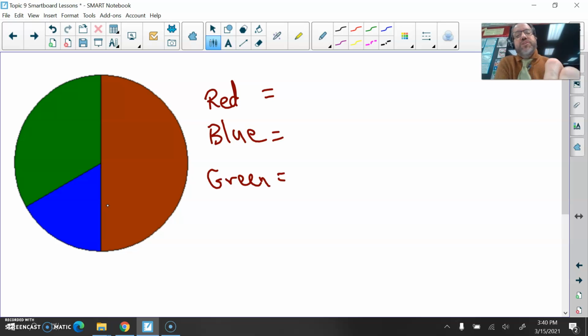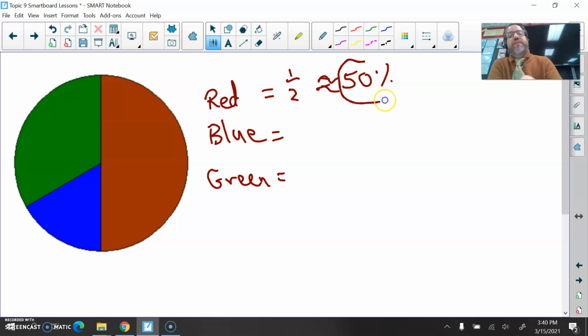And so I'm just going to write down 1/2 here. And as a percent, that would be 50%. Maybe I should use a squiggly equal sign since it's about 50%. It looks like it might be just a hair less than 50% of the graph.